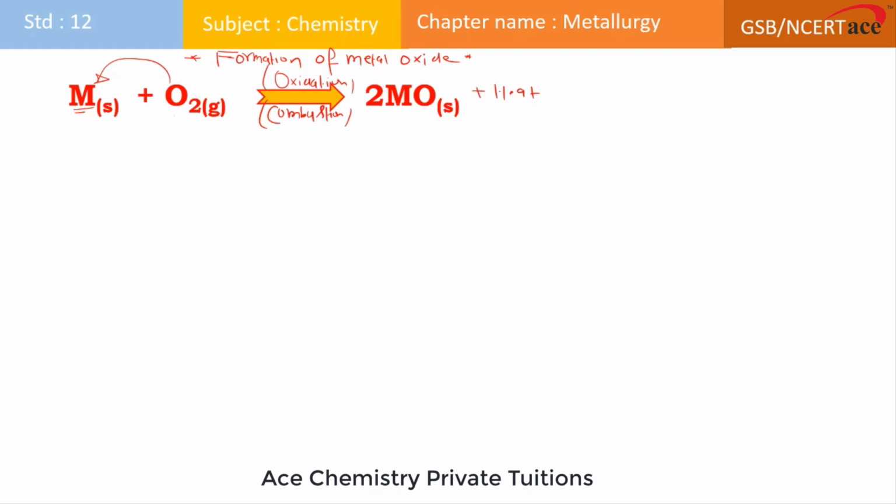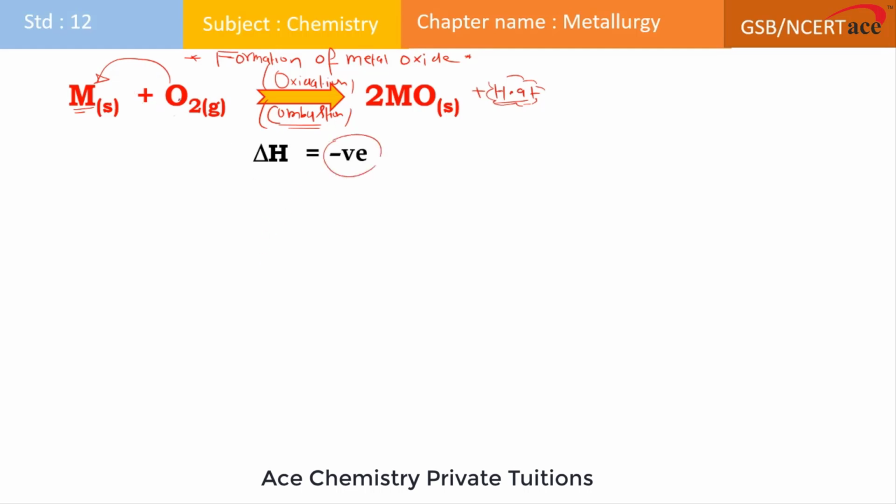So since this process is combustion, and if the heat energy is released, the process should be taken as exothermic. So all combustion reactions release heat, and all combustion reactions are a type of exothermic reaction. And for all exothermic reactions, the change in enthalpy, if you will see, the delta H always comes as negative.